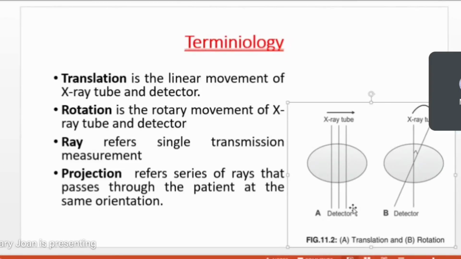In the picture, we can identify translation and rotation. When the X-ray tube and the detector are in linear movement, it is translation, and rotation is when the X-ray tube rotates with respect to the detector.